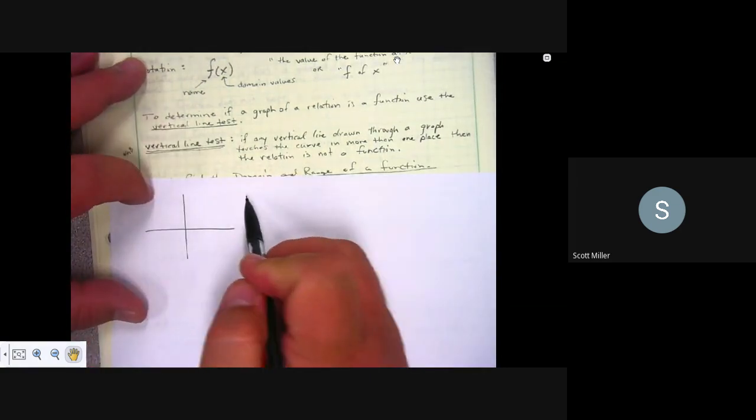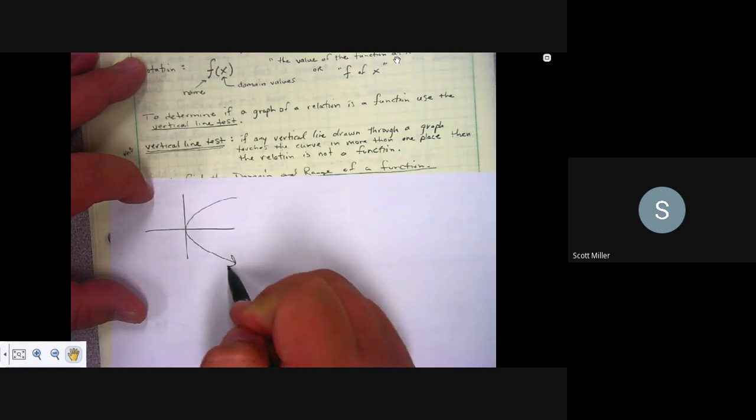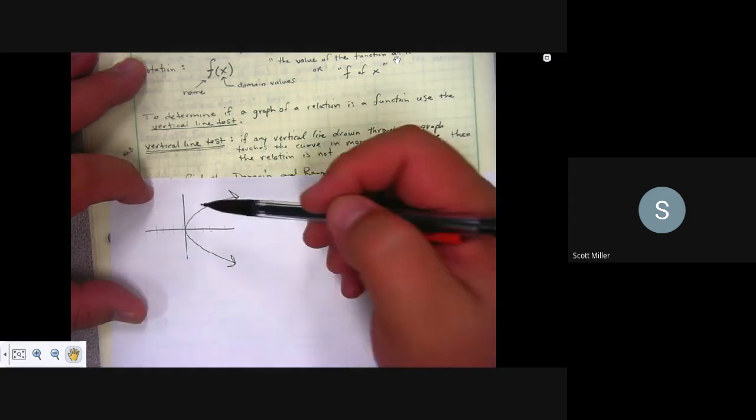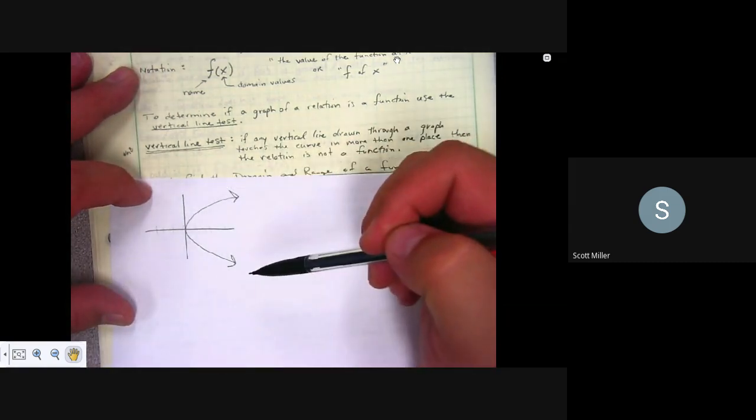If you look at problem number 6 in your textbook, you can kind of see that one. I'll draw it real quick. If I have a graph, here's the x and y axis, and the graph goes like this. These are the x values. The easiest way to look at it is, can I draw any vertical line and hit this graph more than once?